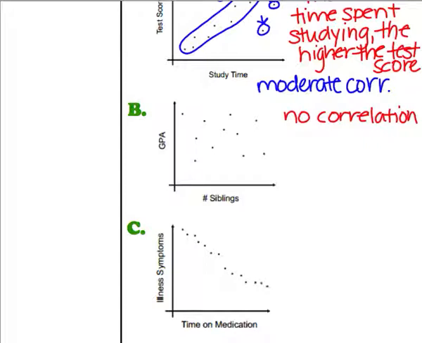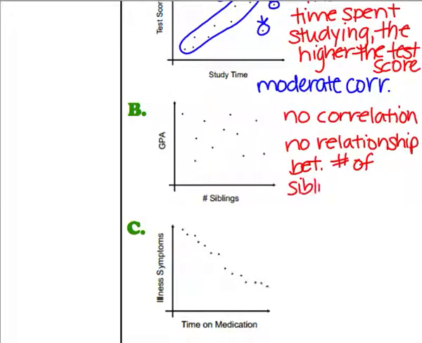And for that interpretation, we would simply say no relationship between, I'm going to abbreviate between, number of siblings and GPA. Because clearly the number of siblings you have does not indicate your GPA.